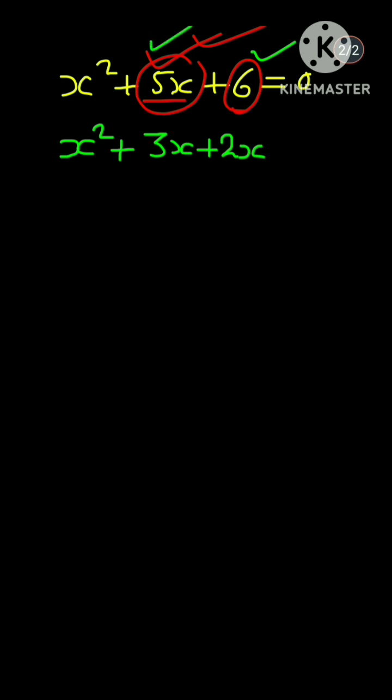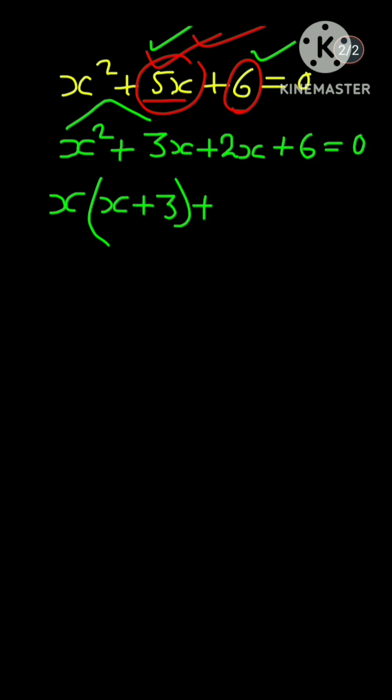So plus 6 equal to 0, and from this pair we can take x as common, so here remains x plus 3, plus, and from this pair we can take 2 as common, so here remains x plus 3, equal to 0.